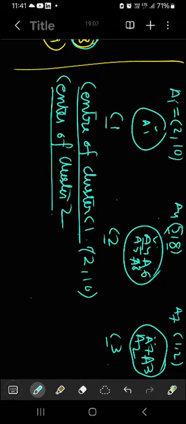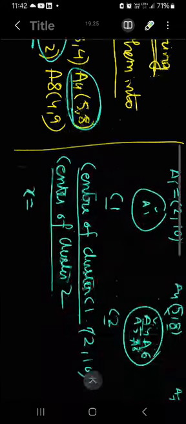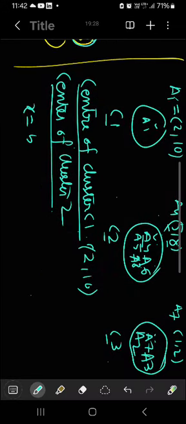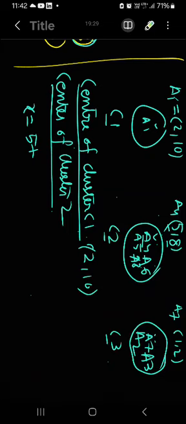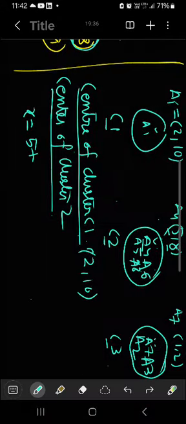So we sum the x coordinates of all 4 points and divide by 4, and to get the y component we sum all the y coordinates and divide by 4. What is the x coordinate of A4? It is 5. What is the x coordinate of A6? It is 6.